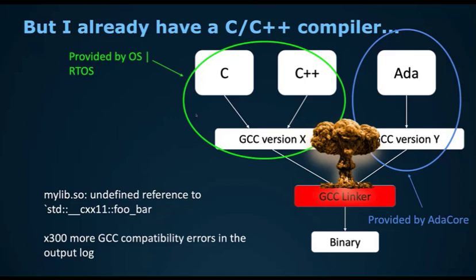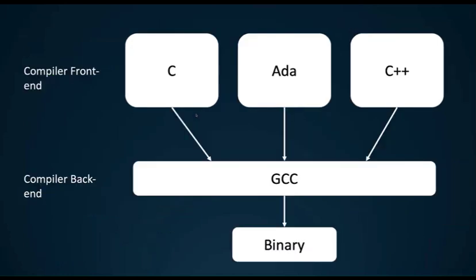Is it an issue with the standard library? Is it an issue with the compiler? We don't know. So if you were to go back to this pattern where your GCC comes from a single vendor, being a compiler vendor, not from the RTOS, the compiler vendor, so AdaCore, can guarantee that that GCC version is the same for all three languages, so you won't get any weird linking problems.